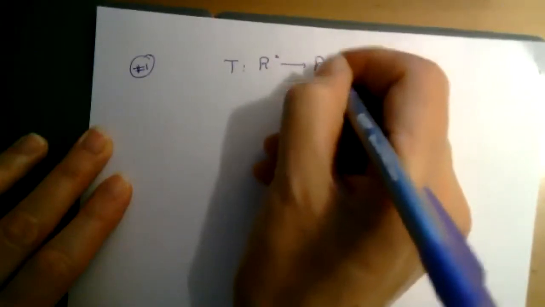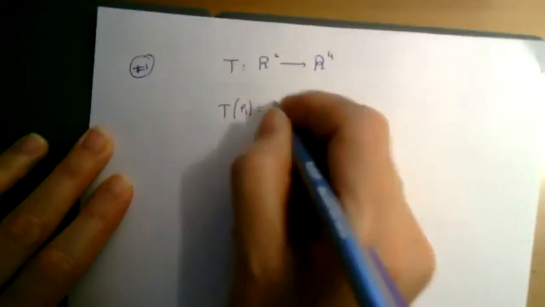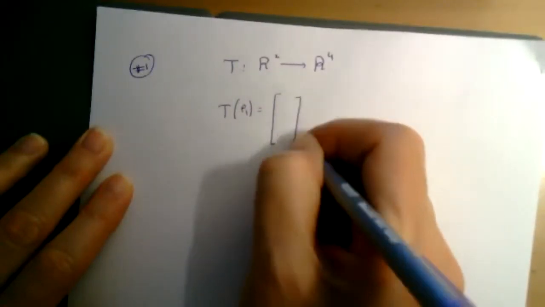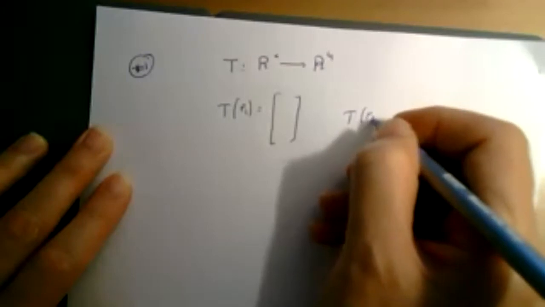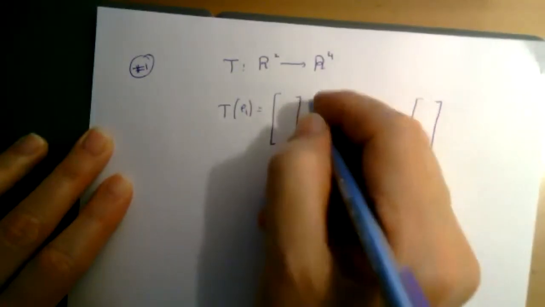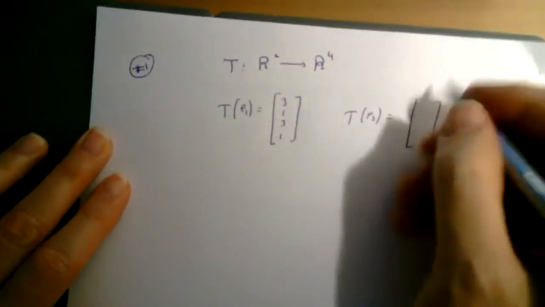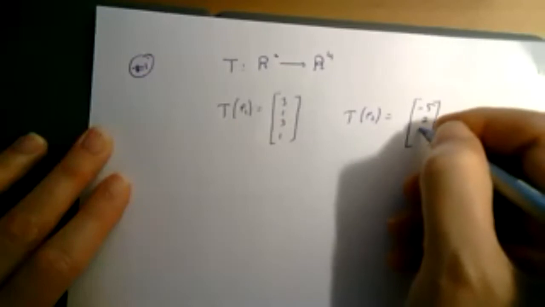Problem number 1 from the book is fairly simple, but just to make sure that you can do it. For problem number 2, I have T of e1 and T of e2, and it's a bunch of numbers: 3, 1, 3, 1, and minus 5, 2, 0, 0.